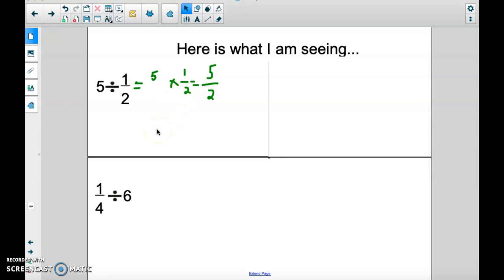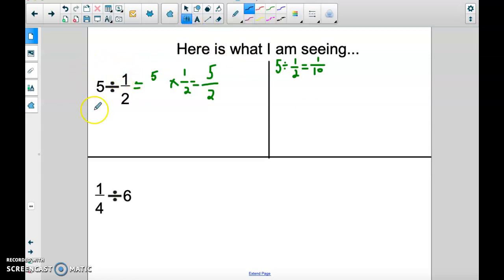You get the idea that you need to multiply something, so you just turn it into multiplication and do 5 times 1/2 and get 5 halves. That's incorrect, okay? That is not right. And we'll talk about why in a minute. Another strategy that is incorrect that I saw a lot of people doing was they did 5 divided by 1/2 and they got 1/10. Again, we'll talk about why that's incorrect in a minute.